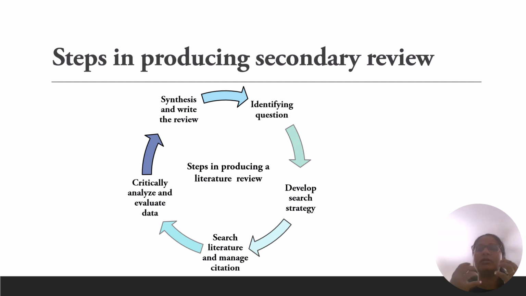Now I have all the articles, I have to analyze the studies. I have to make a table where I'm going to understand the comparison and intervention, and I'm going to conclude which is better. Once everything is done, I'll see if there is high heterogeneity between my study designs or between my studies, then I'm not going to do a meta-analysis.